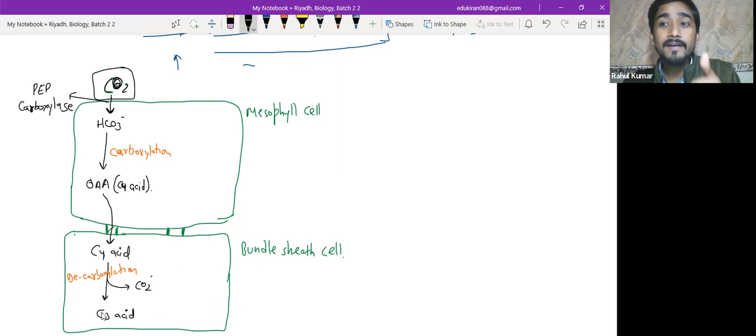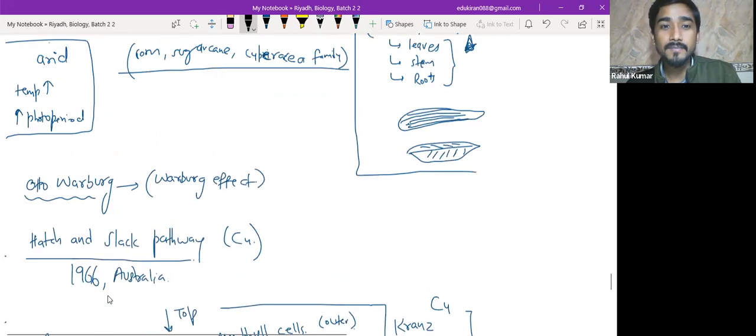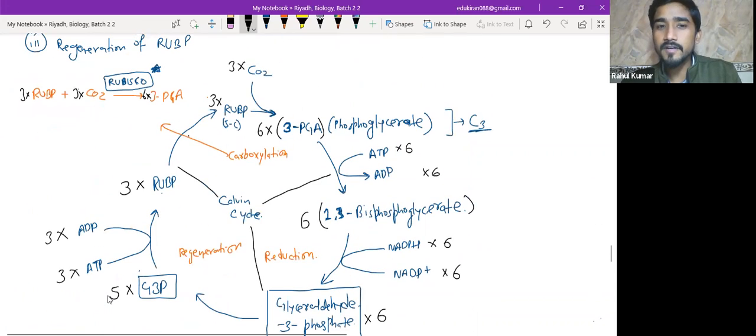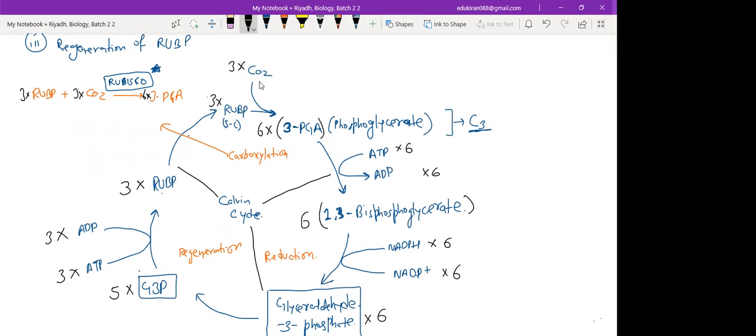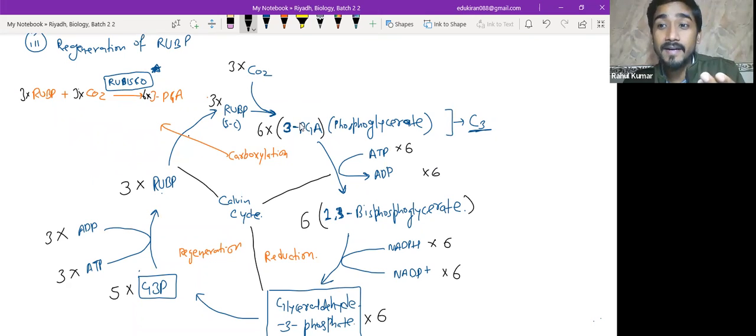This would not have happened if it was a C3 system. Now let's go to the C3 system and try to appreciate it. To make a C3 acid, 3-PGA, CO2 came and got utilized. We never got it back, did we? No, right? We never got it back.